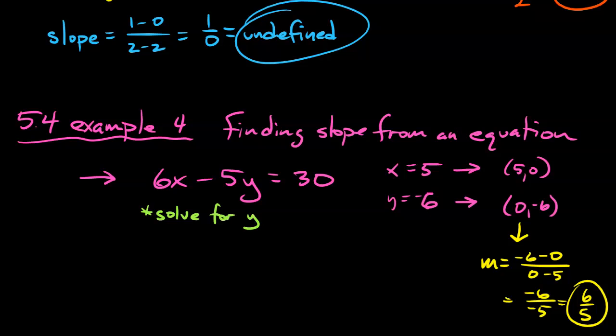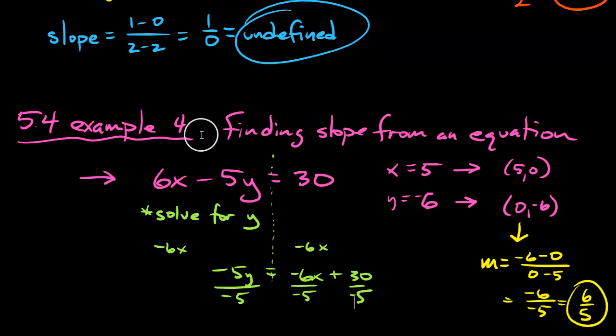So if I solve for y, I would subtract 6x from both sides. And then this would say -5y equals -6x plus 30, or 30 minus 6x, whatever you want to write. And then I would divide everything by -5.